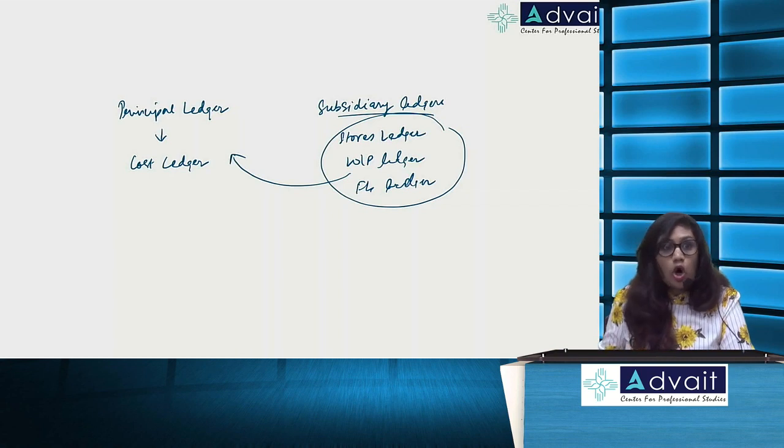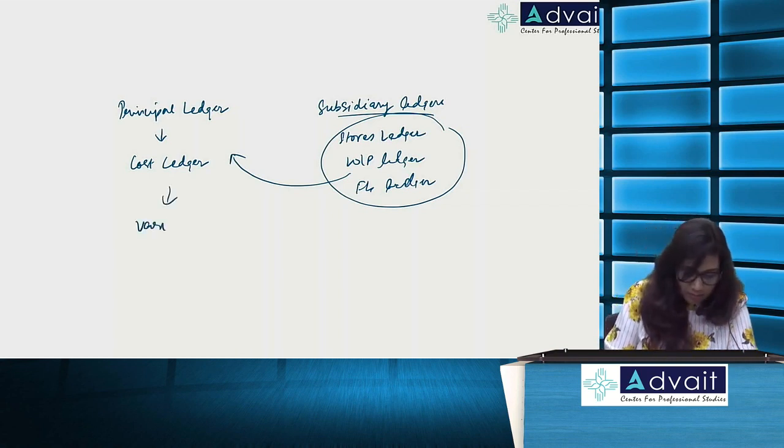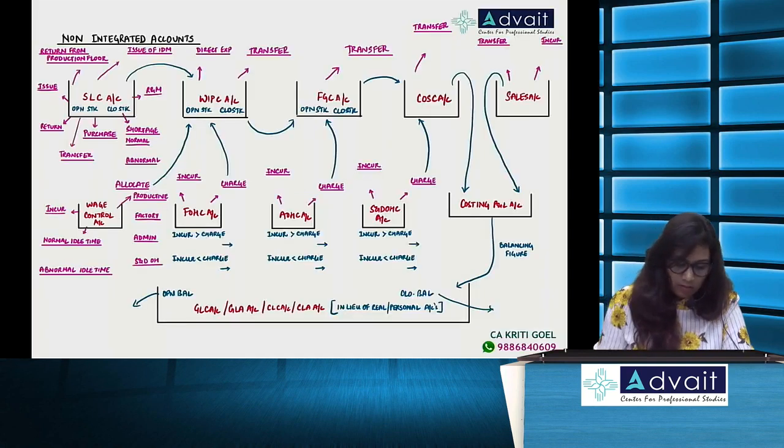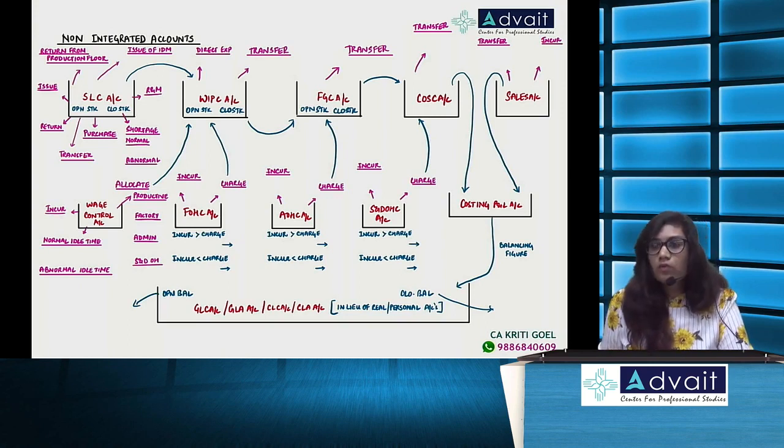So in the cost ledger, I will open various accounts. Okay, what are those accounts? So if you remember, yesterday I had given you one chart, correct? Big one, looked something like this, correct?